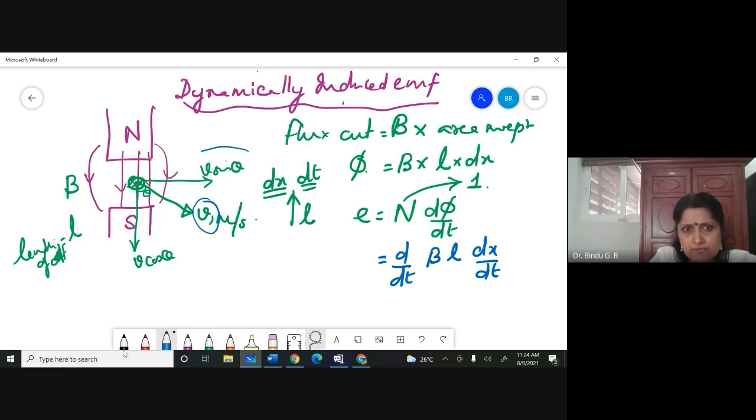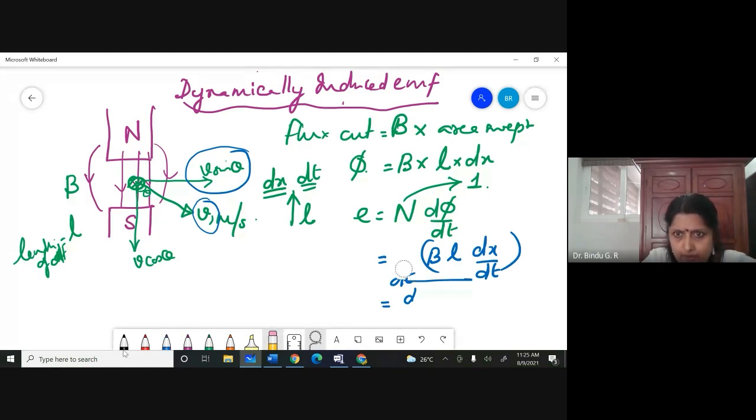Instead, I should consider the v sin theta component, because I am concerned with that component of velocity which is exactly perpendicular to the flux lines. So dx by dt, when I do that, this dt goes in, so I can safely put this like this, and I'll get B L v, where dx by dt in the perpendicular direction will be v sin theta.